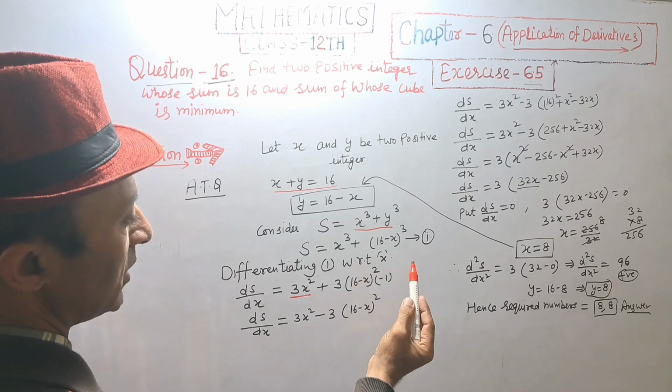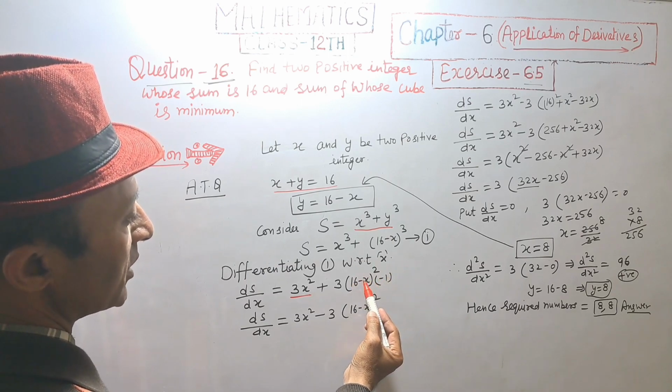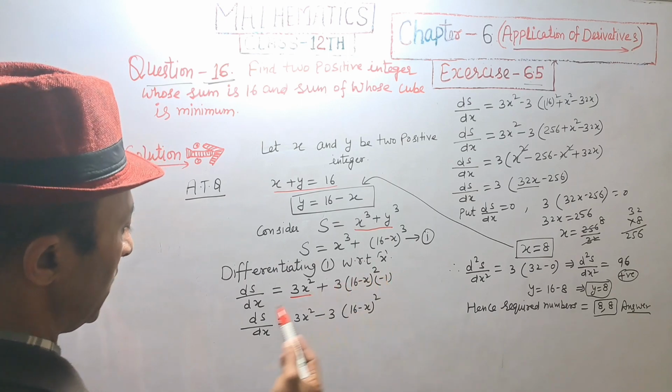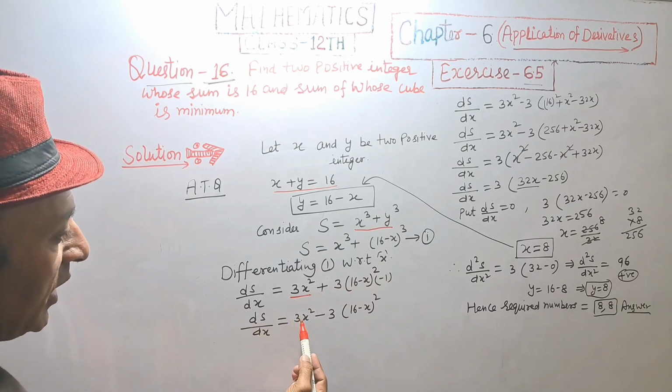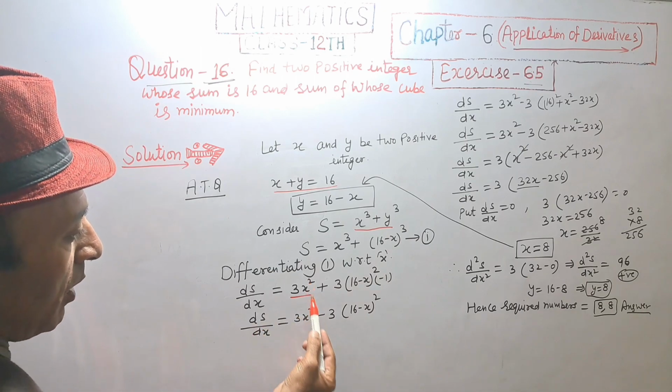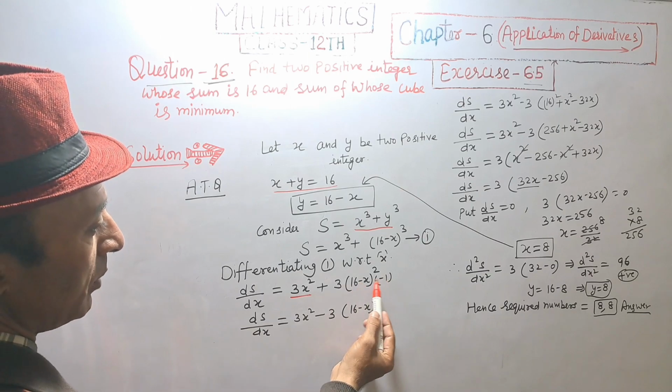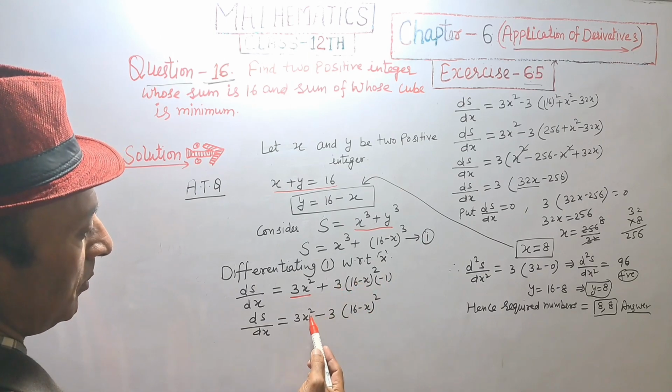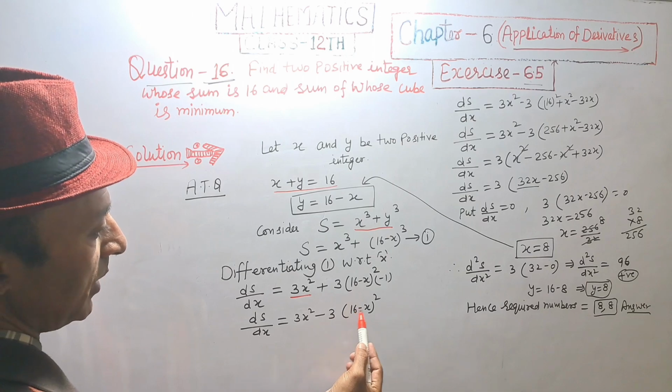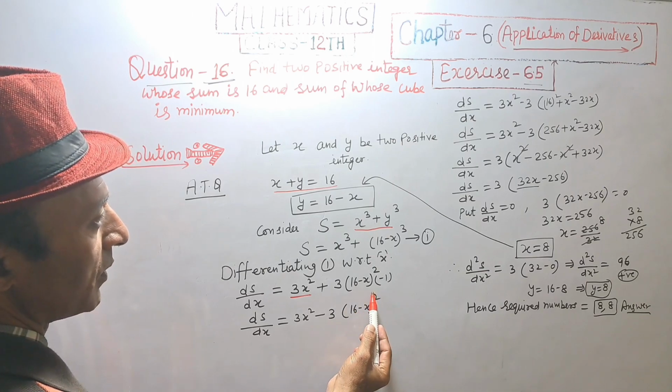Derivative of a constant is 0, and differentiation of minus x is minus 1. So dS upon dx we get 3 into x raised to power 2 minus 1 multiplied by 3, that will be minus 3, and (16 minus x) raised to power 2.